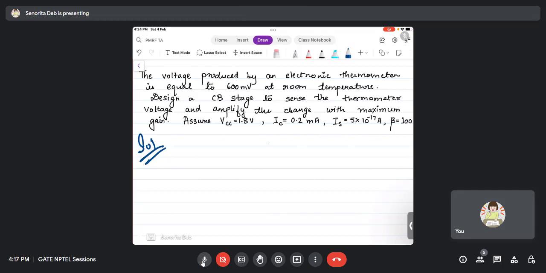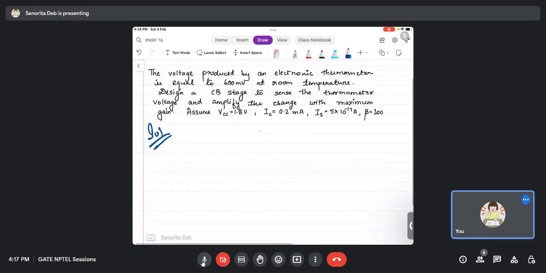Okay, so I hope you have written down the question and you know how to use the value of IS, right? I have told you in the previous classes. So the first point will be that you are given the 600 millivolt voltage that is being produced, right? So now what does the circuit look like?